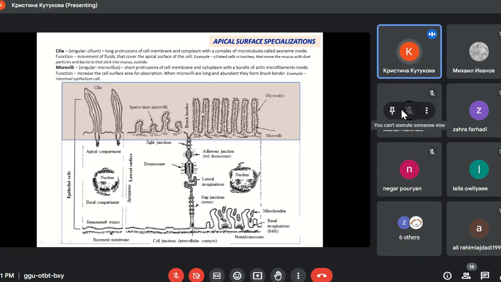And microvilli are for increasing the cell surface for absorption. Cilia is plural. When we have many cilia, one cilium. Microvilli, when we have a lot of them, and one microvillus.